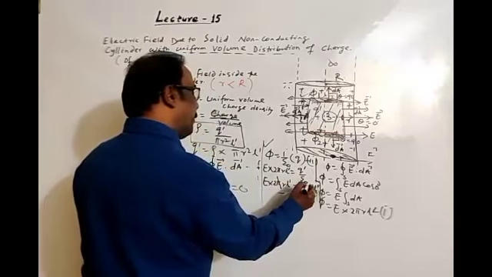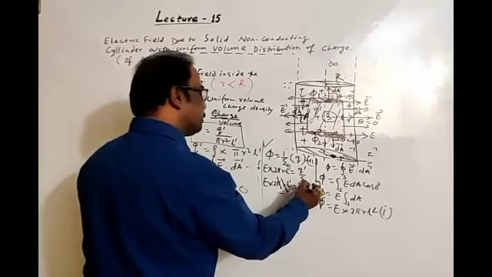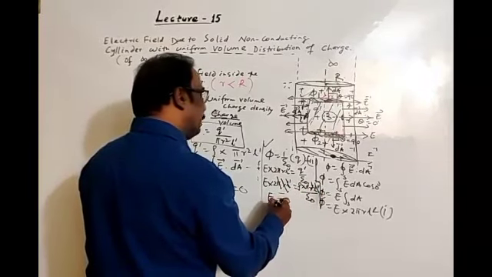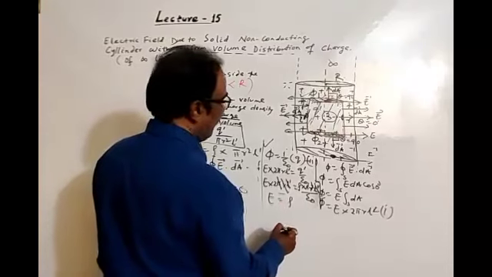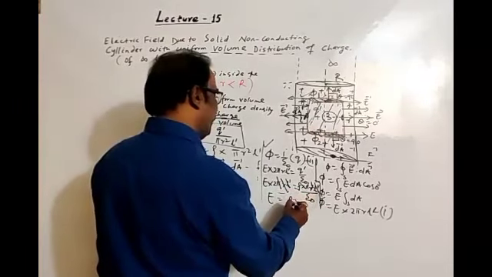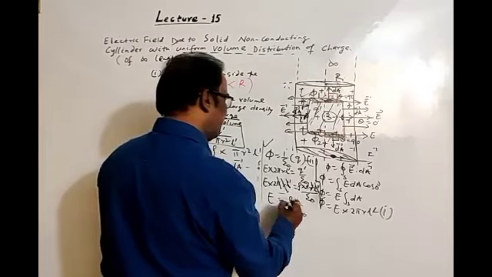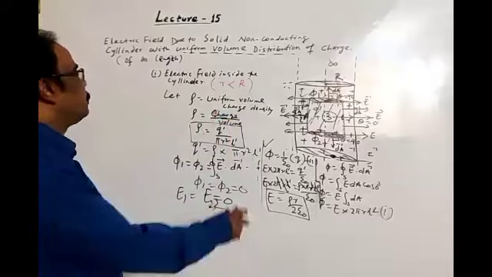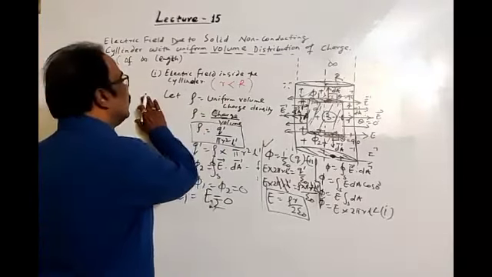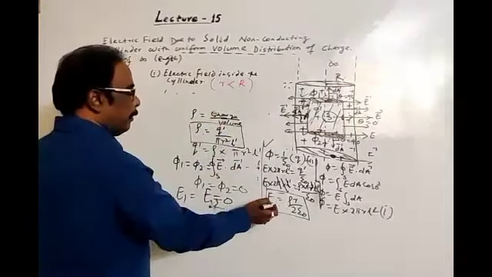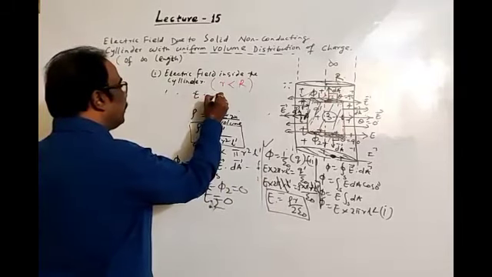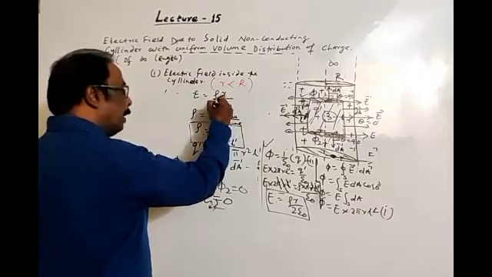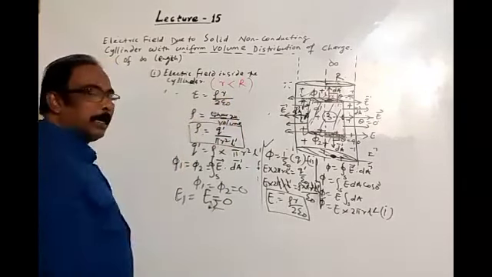See, pi cancels, R cancels square, L dash cancels, then the electric field is rho R divided by 2 epsilon naught. This is the electric field inside the cylinder. I may write here the final answer: for uniform volume charge density rho, E equals rho R divided by 2 epsilon naught.